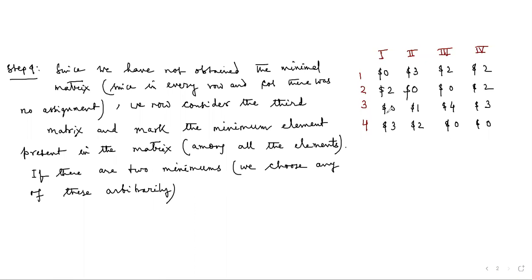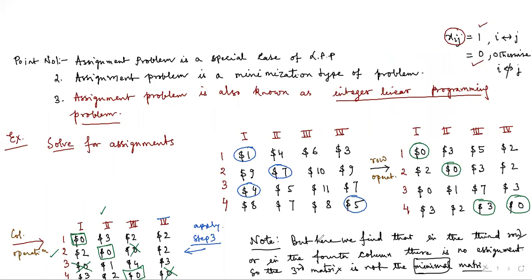Okay, so look at this matrix, and in this matrix the minimum element we have now, the minimum element of all the elements. Okay, now just a minute.